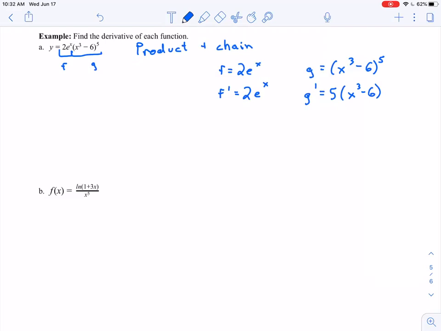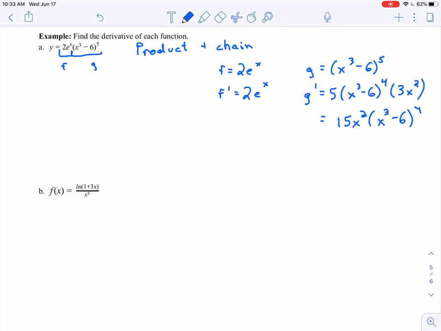Subtract 1 for my power, so I should have the 4th power, times the derivative of the inside part, times the derivative of u. So multiplying by the derivative of x cubed minus 6, that would be 3x squared. And then if you can simplify this, like I can multiply 5 and 3x squared, let's go ahead and do that as well. I should have 15x squared times (x cubed minus 6) raised to the 4th power.